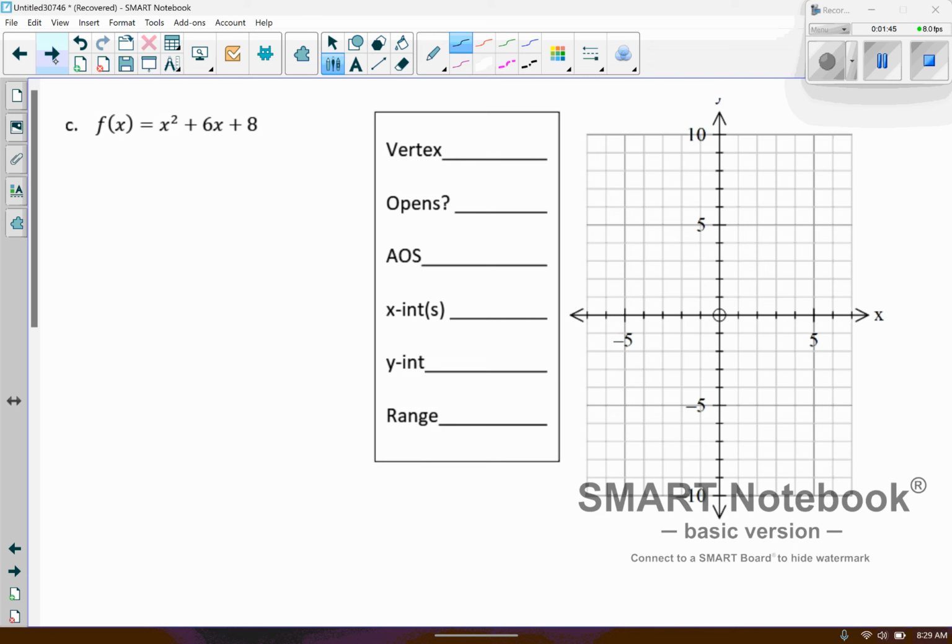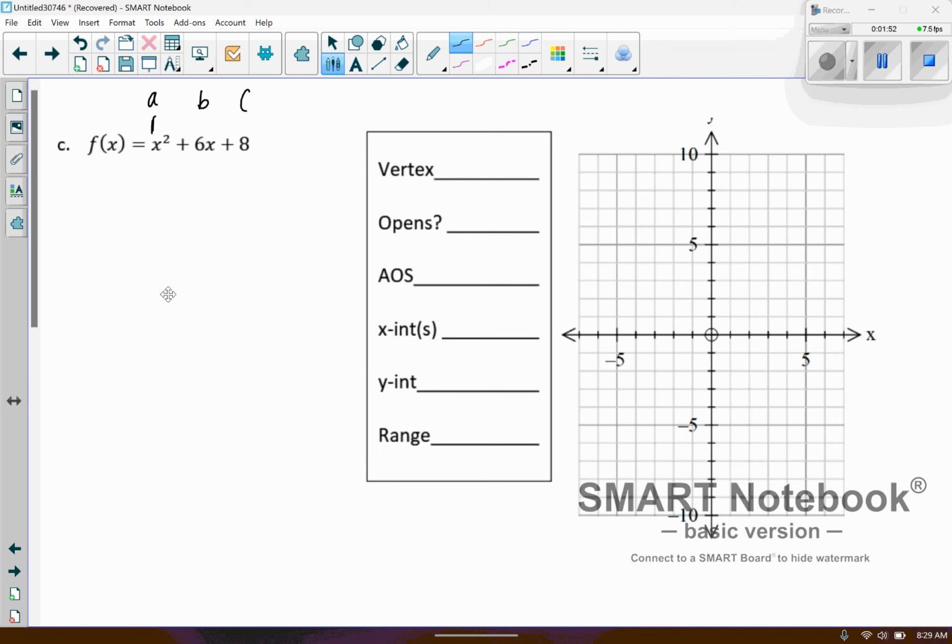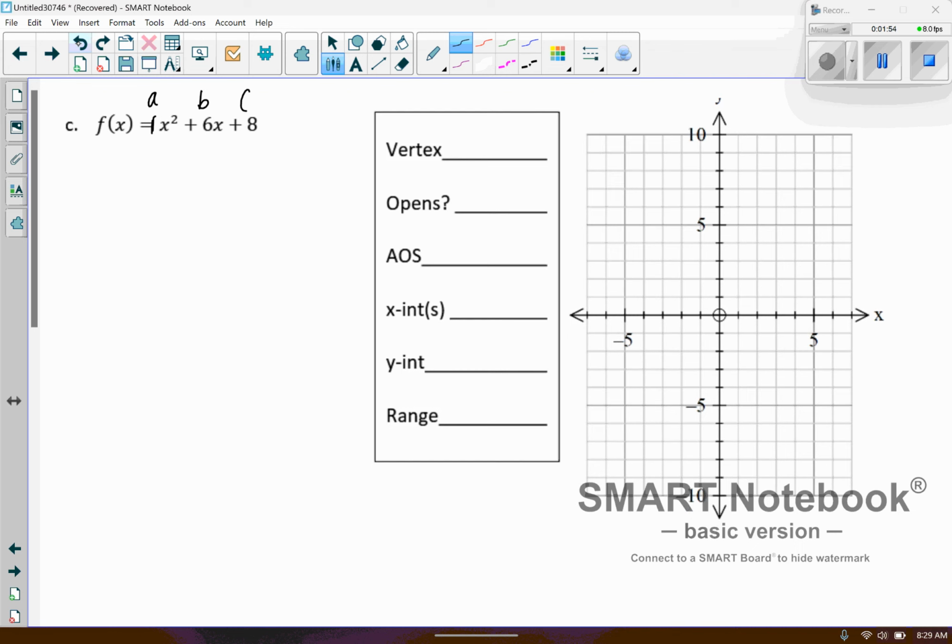And so I'm going to start here with listing my values. So this is my A, my B, and my C. And so now the formula for the x value of my vertex is negative b divided by 2a. So that's going to be -6 divided by 2 times 1, which would be -6 divided by 2, which is -3.